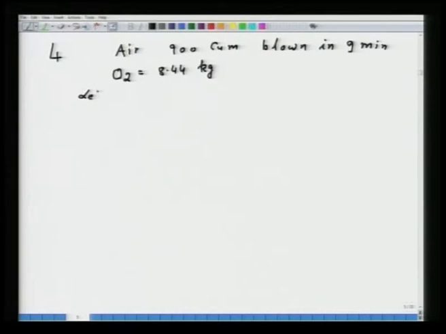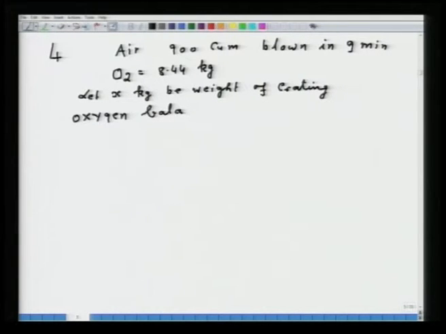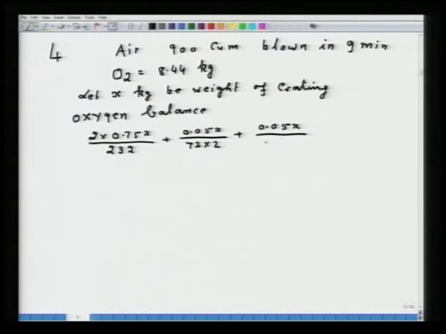Now, let x kg be the weight of coating. Then we do oxygen balance, and from the oxygen balance we can write down that 2 into 0.75 x upon 232 plus 0.05 x upon 72 into 2 plus 0.05 x upon 2 into 80 is equal to 8.44.